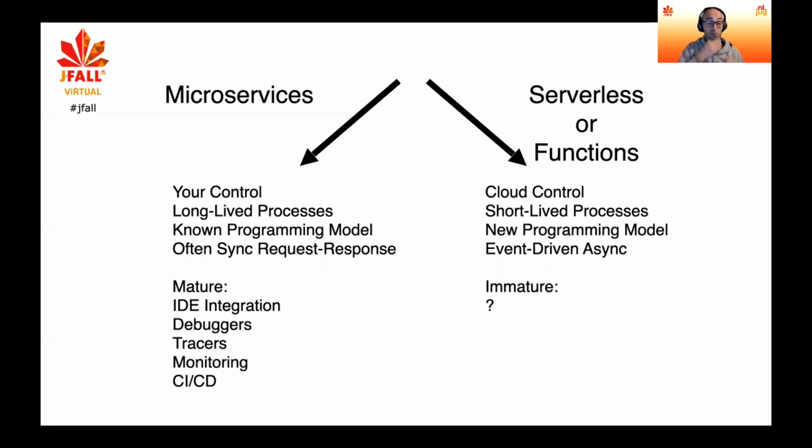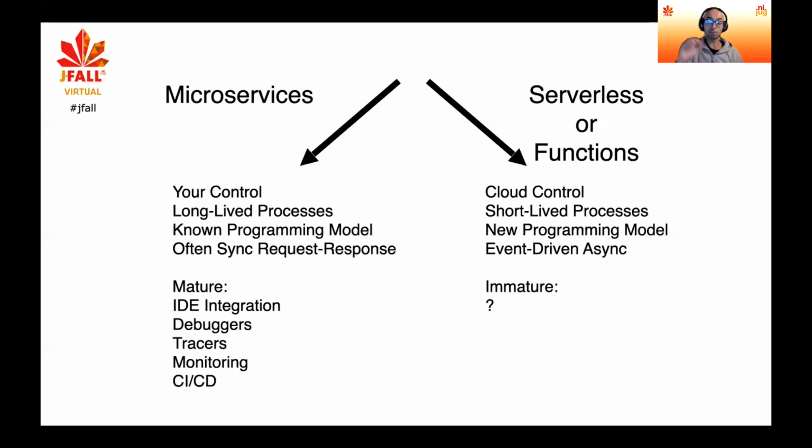Or you are in an event-driven asynchronous communication pattern, then go to serverless or functions. Of course, as I said, you can implement microservices with an event-driven asynchronous approach, and you can also implement serverless or functions using the request-response pattern. Okay, that's not a rule that is written in stone, just a few points.